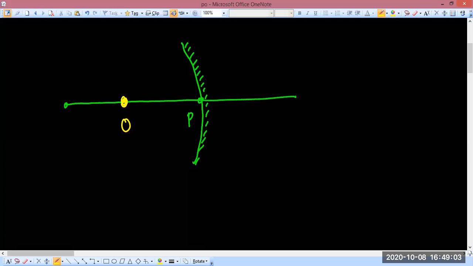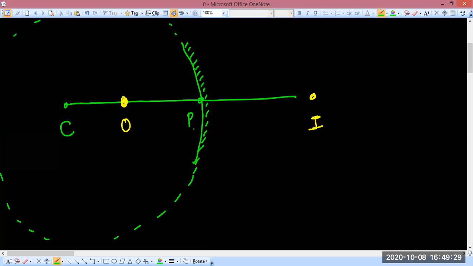Let's say this is the object O, and suppose we got the image over here, right? And let's say that the center of curvature is here. I hope you remember what the center of curvature is. It is the center of this large sphere. Something like this will be a sphere, and this is its center. Okay, I hope you understood that, right?